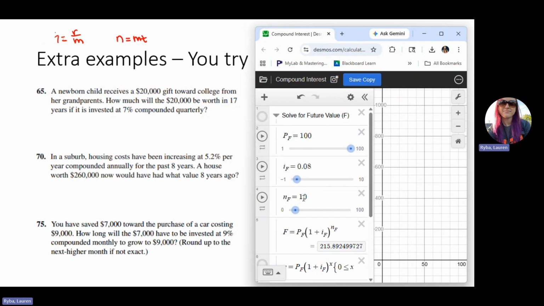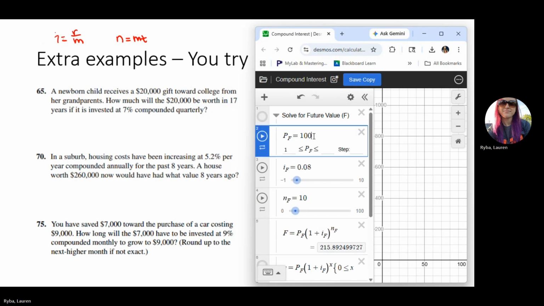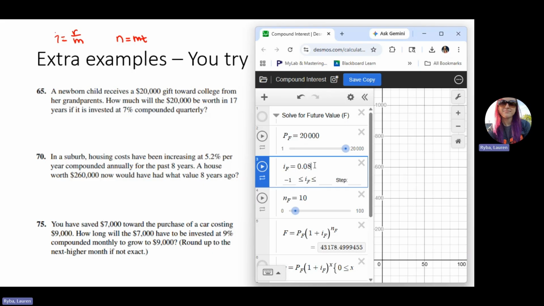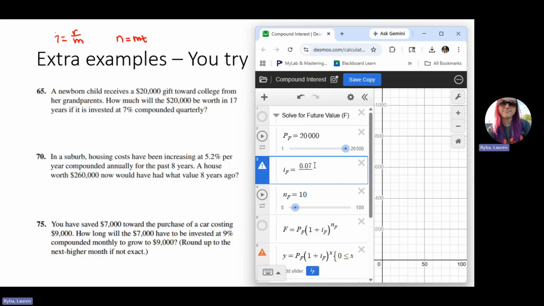You need to enter these three things. P is the initial investment of $20,000. Your interest rate is your R divided by your M. So our interest rate is 7%, but it has to be compounded quarterly.